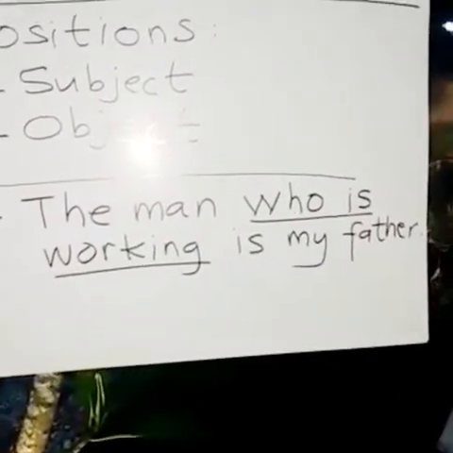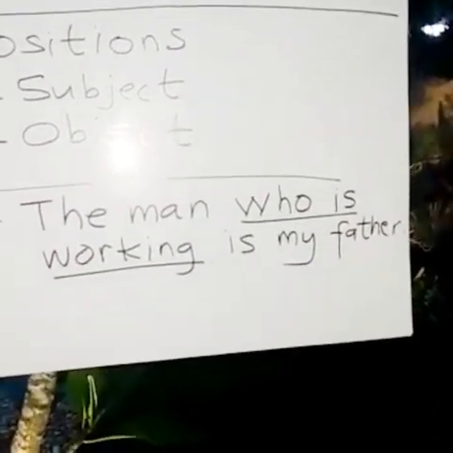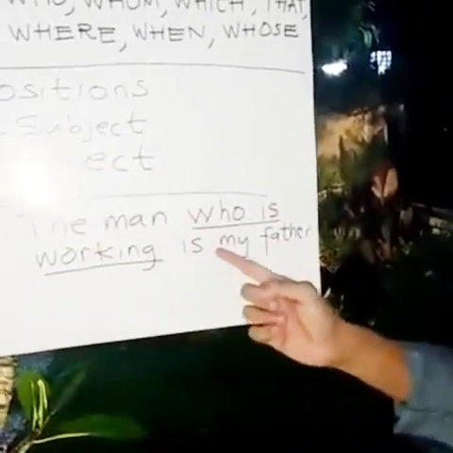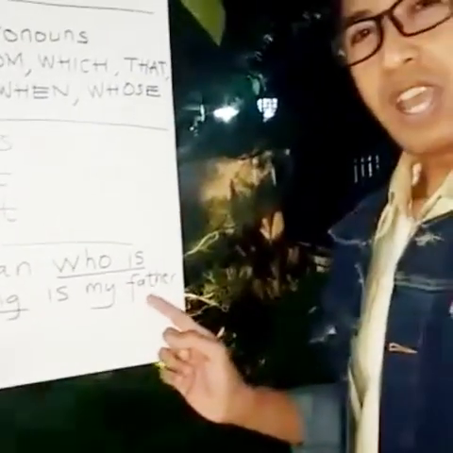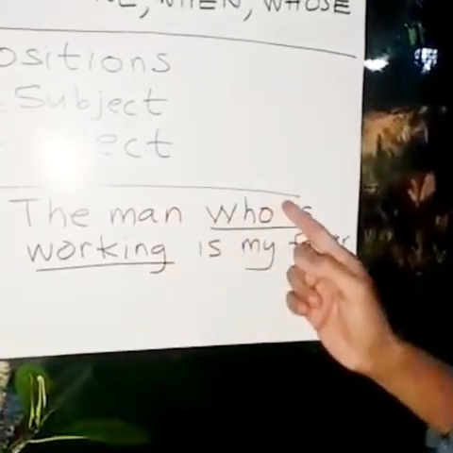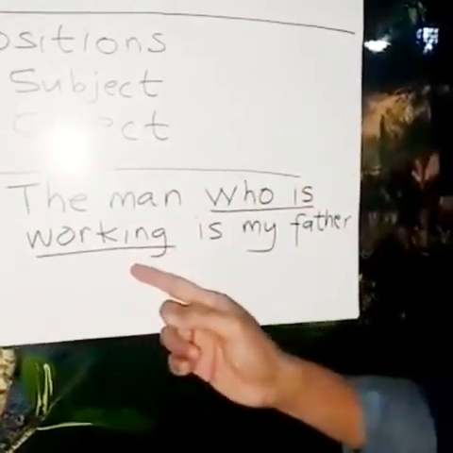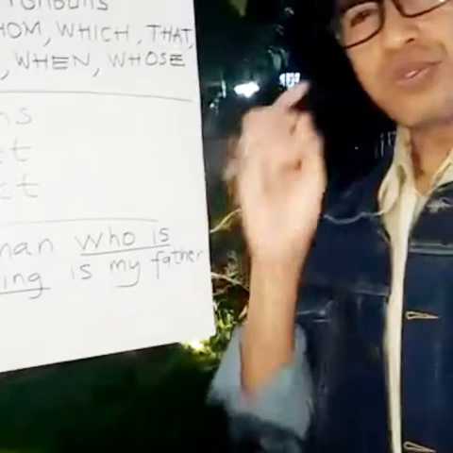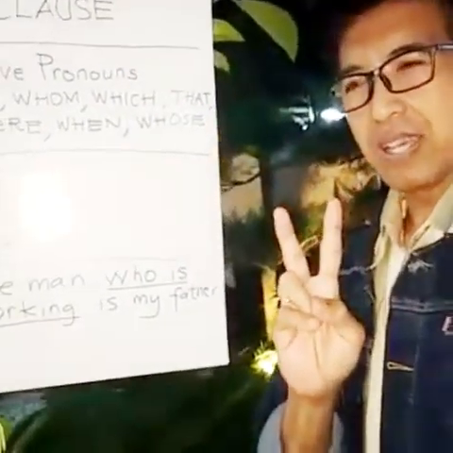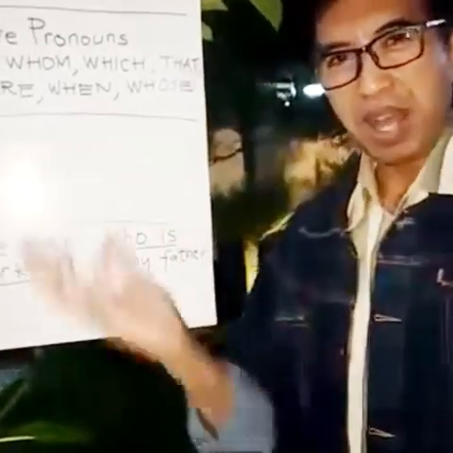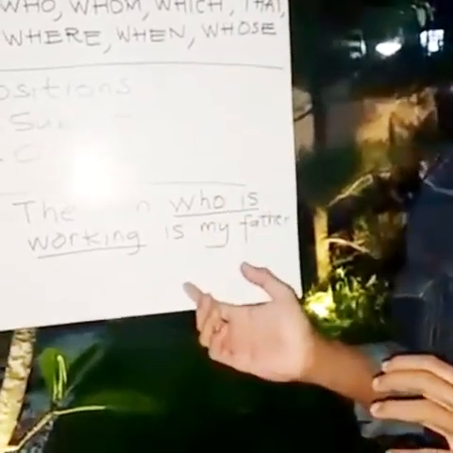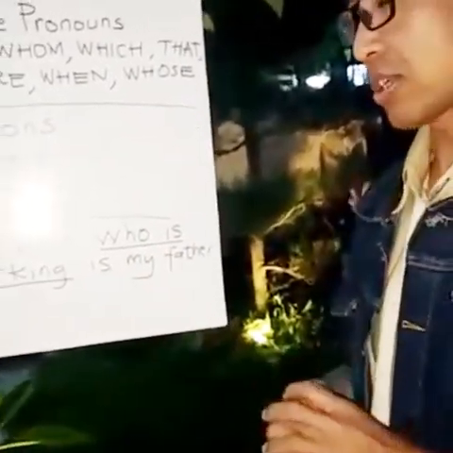Actually, we have two sentences. The first sentence is the man is my father, and the second one is the man is working. By having two separate sentences or clauses, we can combine both into one sentence. It is called a complex sentence by using adjective clause.